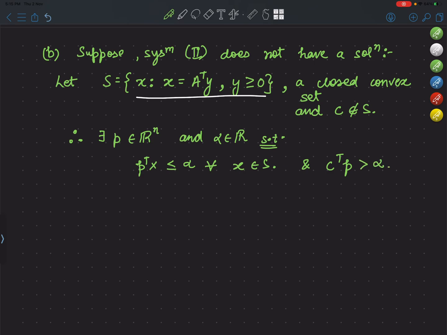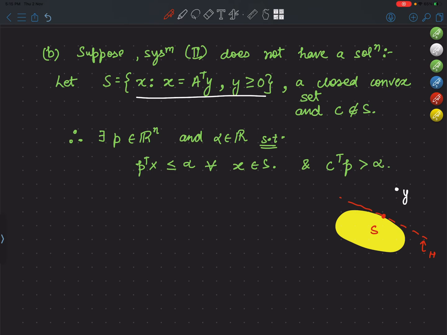Remember the theorem in which we said that if there is a convex set and a point outside it, then we can always find a hyperplane H for which the convex set is on one side and the point is on the other side.